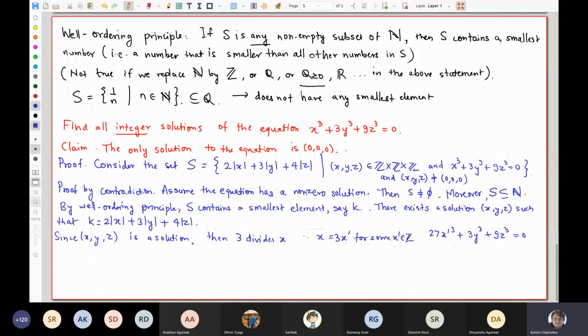So 27x prime cubed plus 3y cubed plus 9z cubed is equal to 0. So therefore, cancelling a 3, 9x prime cubed plus y cubed plus 3z cubed is equal to 0. Right. So therefore, y, z, x prime is also a solution.